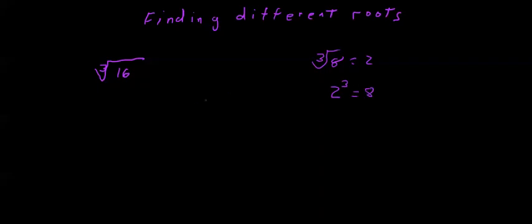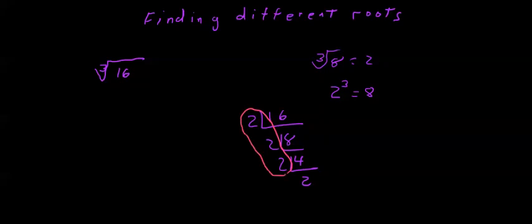We're going to do the exact same procedure that we've always done. We're going to break 16 down: 2, 8, 2, 4, 2, and 2. But now instead of looking for pairs, we look for 3 of a kind.